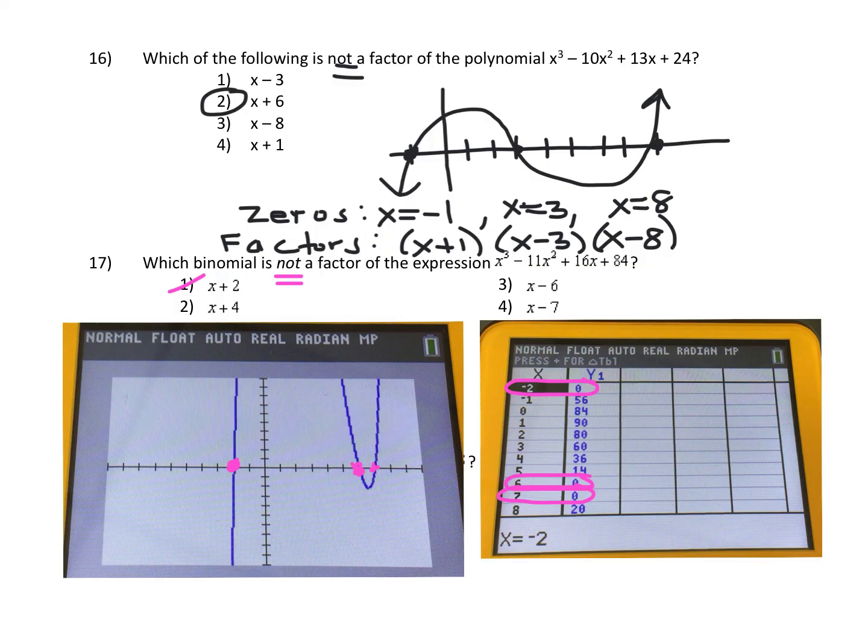A factor that corresponds with a 0 of x equals +6 would be x minus 6, so that's not our answer. And then a factor that corresponds with a 0 of x equals +7 would be x minus 7. All right, so it looks like choice 2 is our answer.